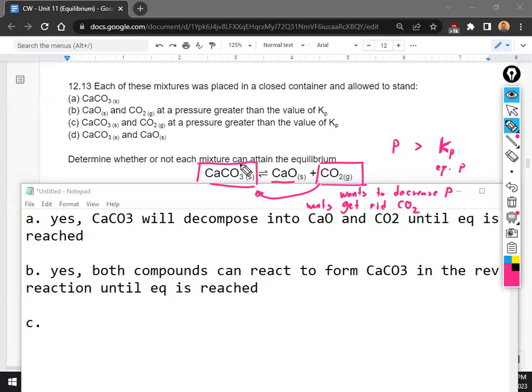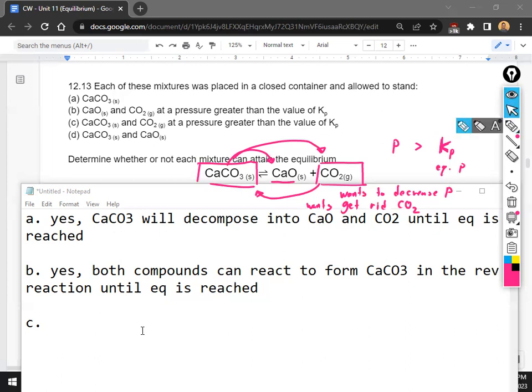The only way that can happen is if CaCO3 produces CaO and CO2. But like we said, it wants to decrease the pressure. Is CaCO3 going to want to produce more CO2? No. And since it cannot form more CO2, it also can't form more CaO. So the system is kind of in this stuck place where it wants to decrease the pressure, but it has no way of decreasing it.